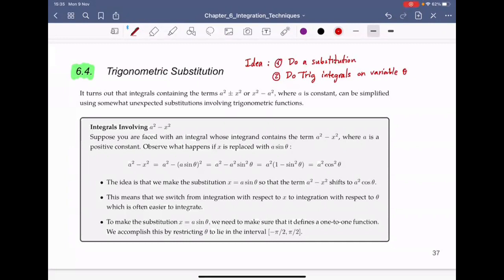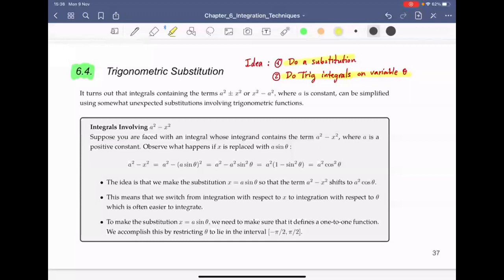You have to do 2 steps, which is hard. You have to pick the substitution first, and then it's going to reduce you to some trigonometric functions. And then you have to integrate on that new variable. So let's illustrate the situation by looking at an example.